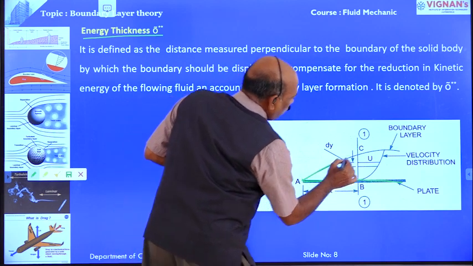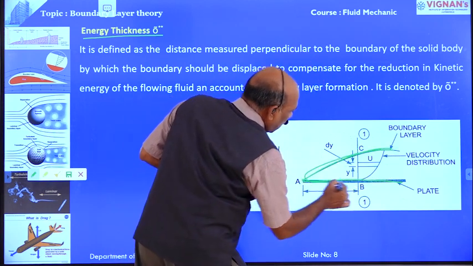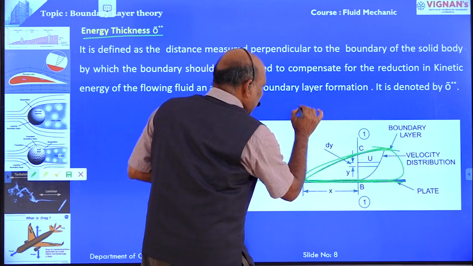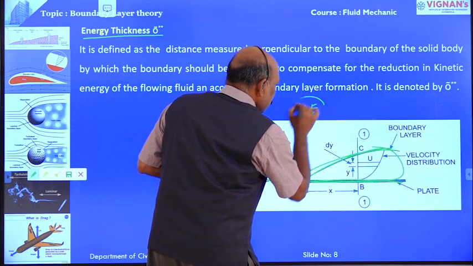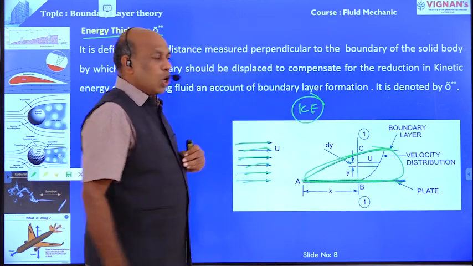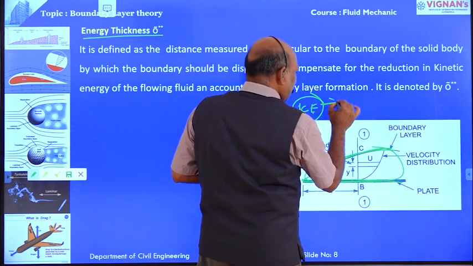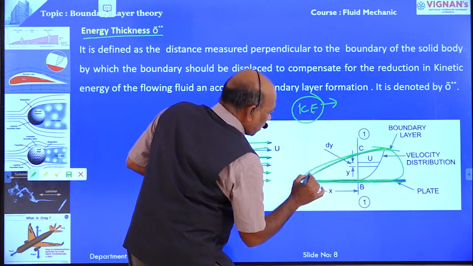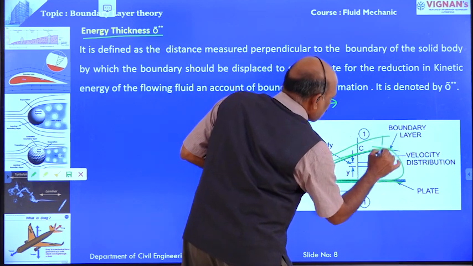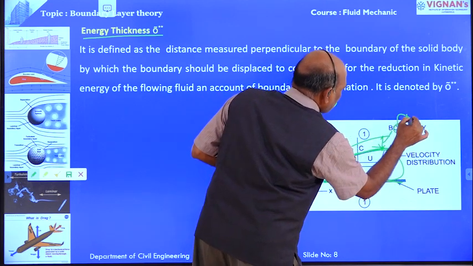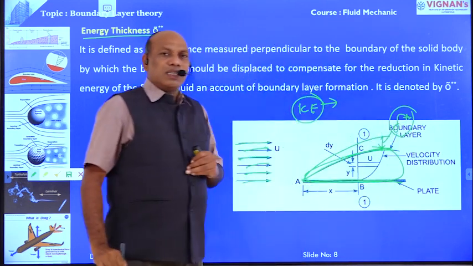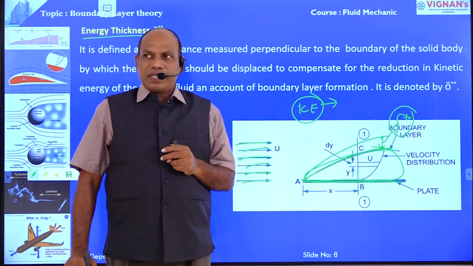There is a formation of boundary layer. Because of the boundary layer formation, there is a reduction in the kinetic energy. To compensate this reduction in the kinetic energy, the boundary layer is displaced to a distance of delta double star. This is known as energy thickness.